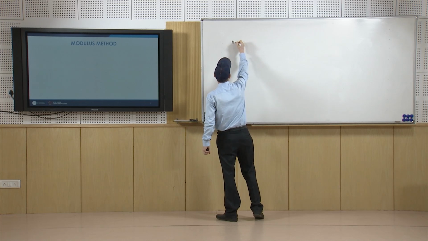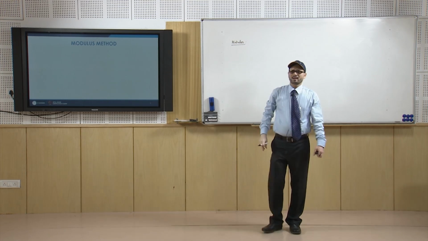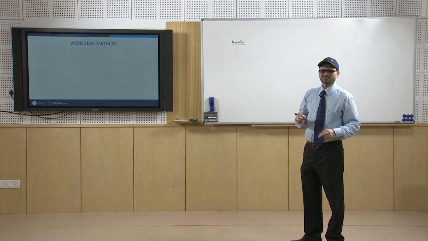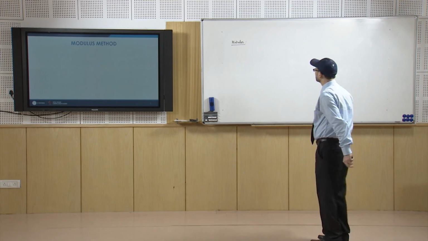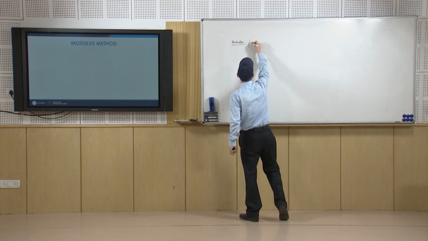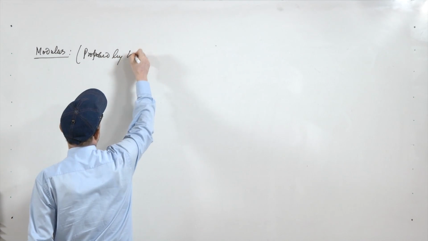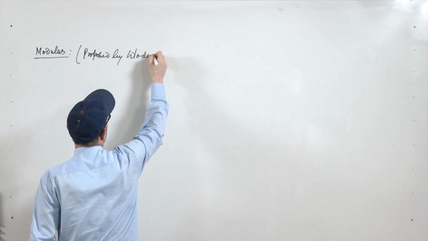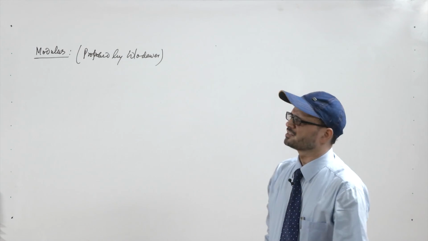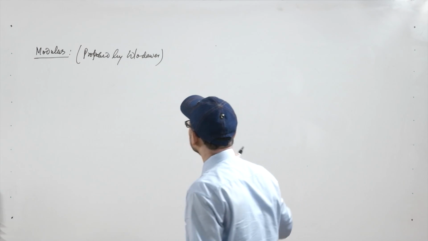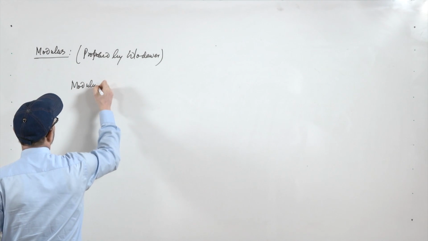So, what is modulus? To get rid of such cumbersome equations and solving them, another method has been proposed by Lodauer. He has proposed that modulus is defined as volume upon cooling surface area.